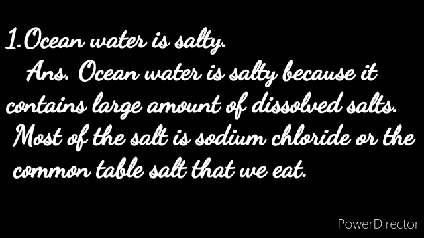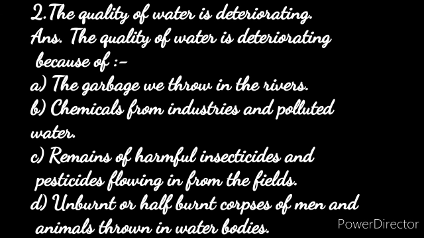So the answer is: the quality of water is deteriorating because of the garbage we throw in the rivers, chemicals from industries and polluted water, remains of harmful insecticides and pesticides flowing in from the fields, and unburnt or half burnt corpses of men and animals thrown in water bodies. So these are the reasons why the quality of water is deteriorating.